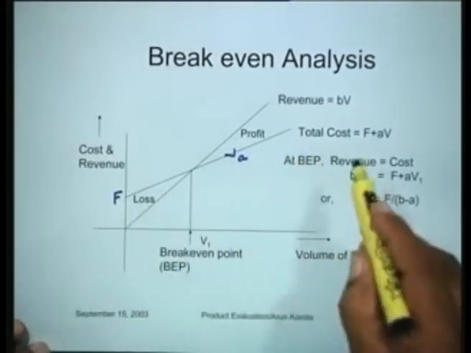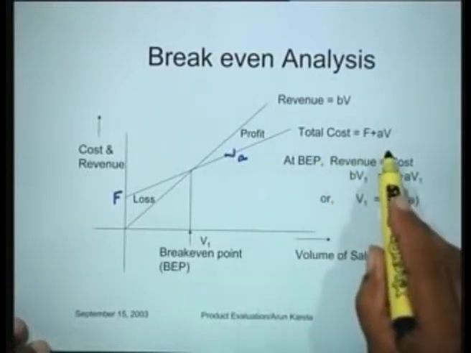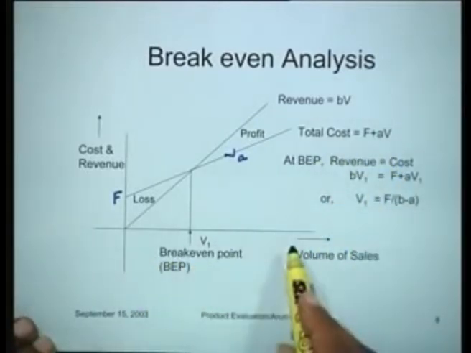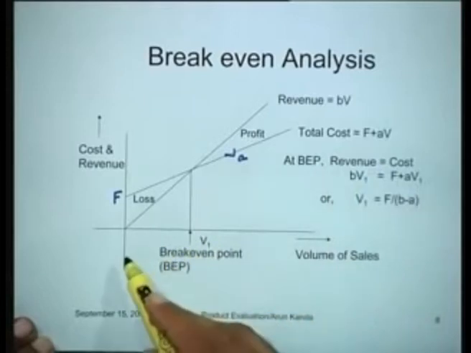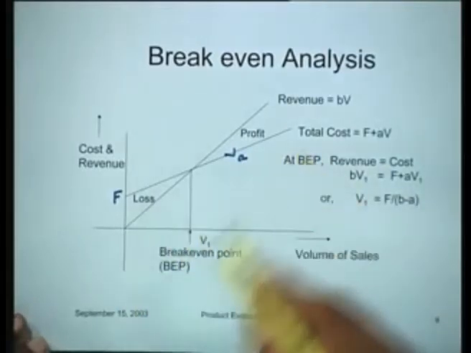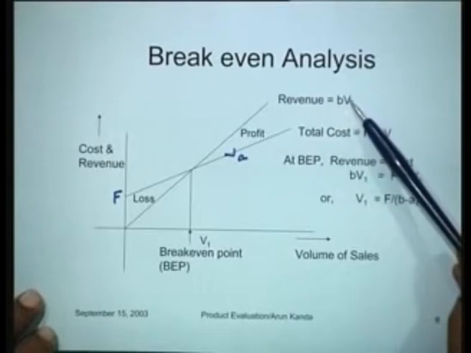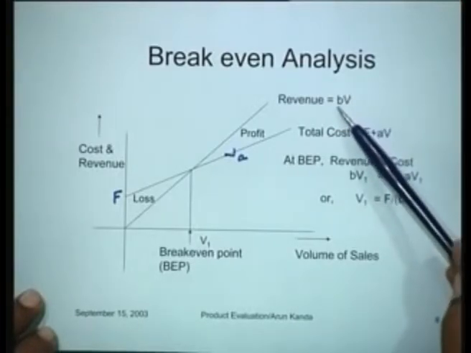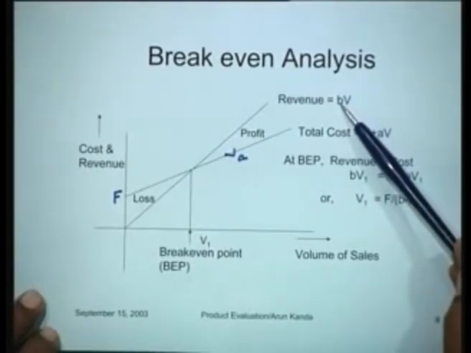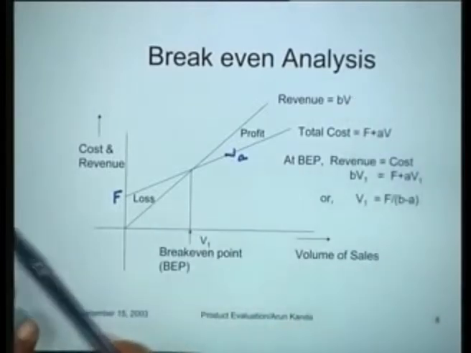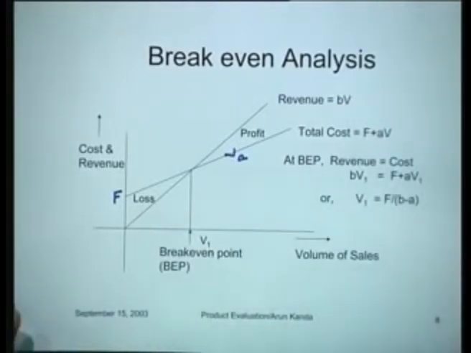So F plus AV is the total cost line, and as the volume keeps on increasing, the cost would keep on increasing. Let's look at the revenue function. The revenue function is typically given by BV, where B is the selling price per piece and V is the volume of sales.